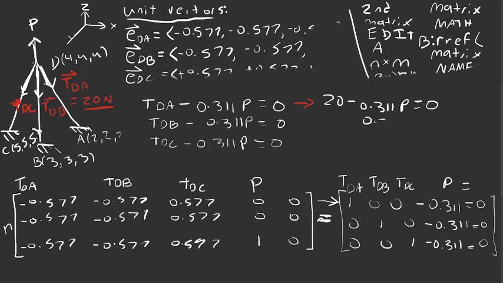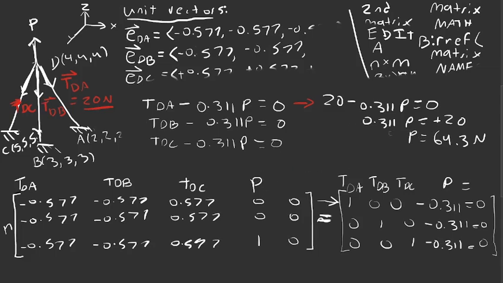And here we can just solve for P. 20 divided by 0.311, let's just say it's 64.3 newtons. So there we have P, and we have one of these unknowns already solved.